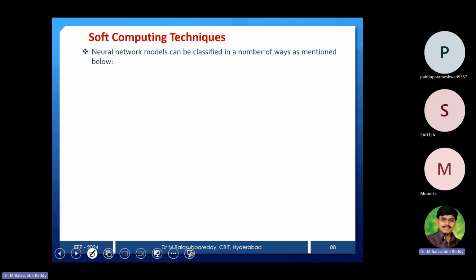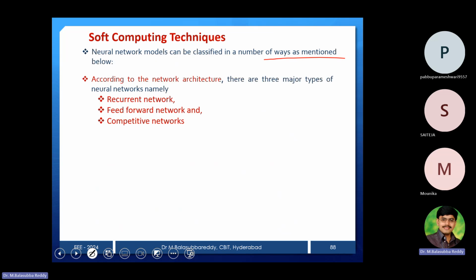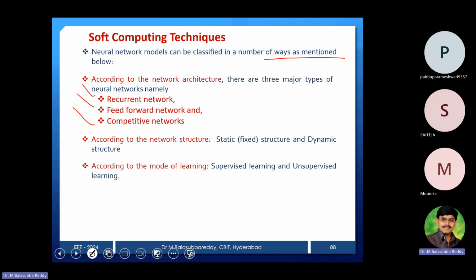Now neural network models can be classified in a number of ways. You can see different classifications like non-recurrent networks, feed forward, and additive networks. Another classification is according to the network structure: fixed and dynamic structure.